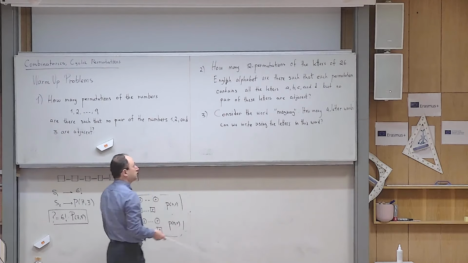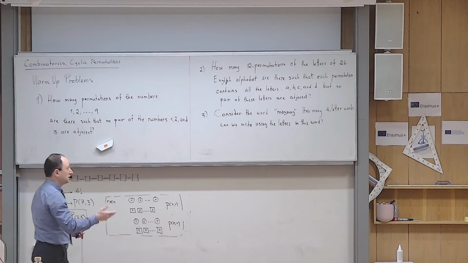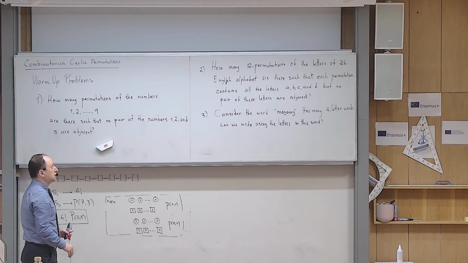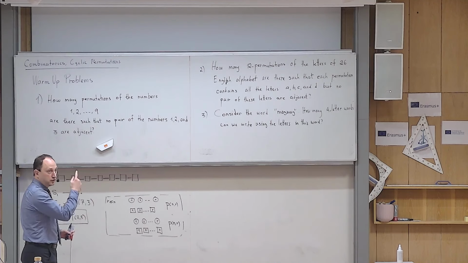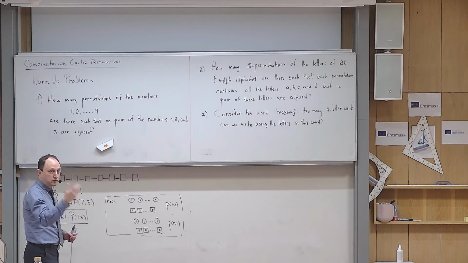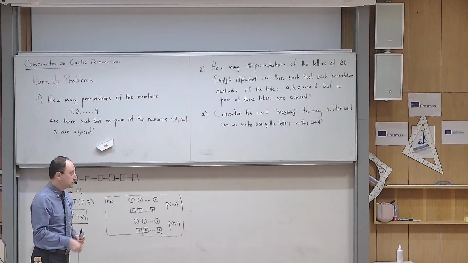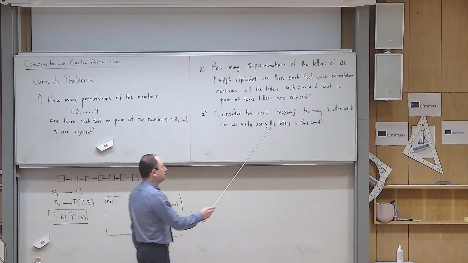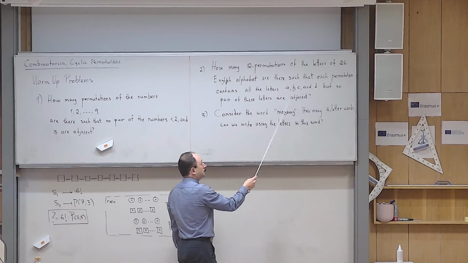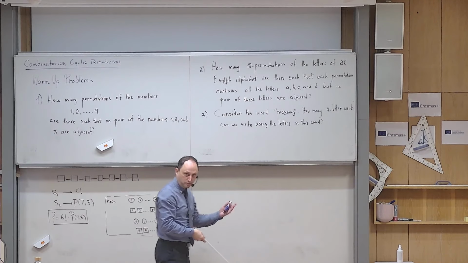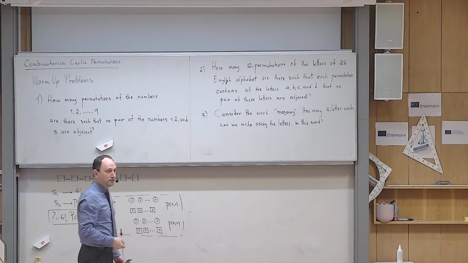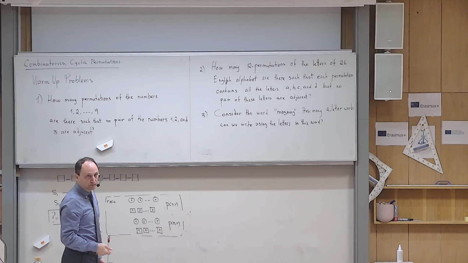In English we have 26 letters, and I don't want to use all of them. 12-permutation tells you that you have to choose 12 of them, but there is a constraint that you don't have freedom in choosing A, B, C, and D. You have to choose them, so you have freedom only about 8 of them.